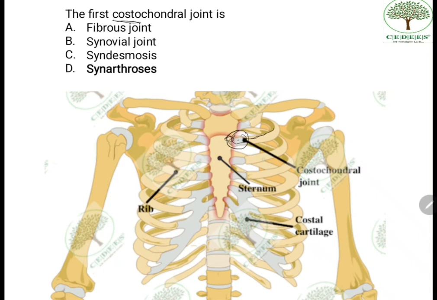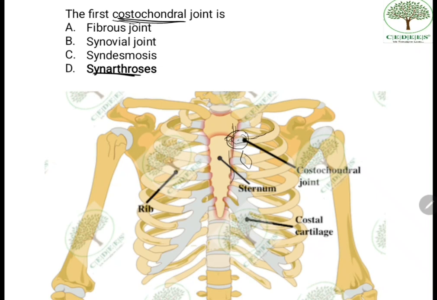So the joint which is present between the end of the rib and the costal cartilage is called the costochondral joint, as you can see pointed in this diagram. Now along the first to sixth ribs, the joint is going to be something called a synchondrosis, or synarthrosis.